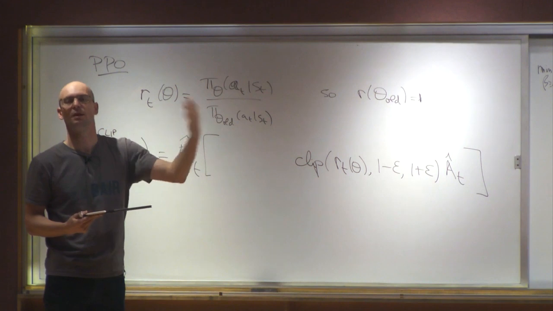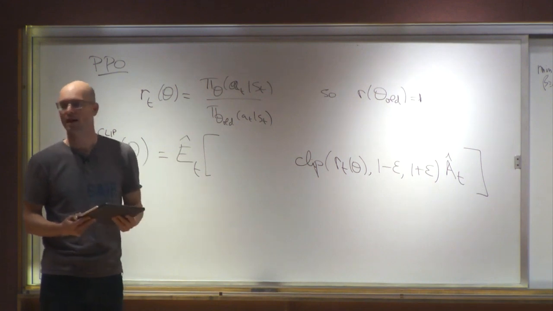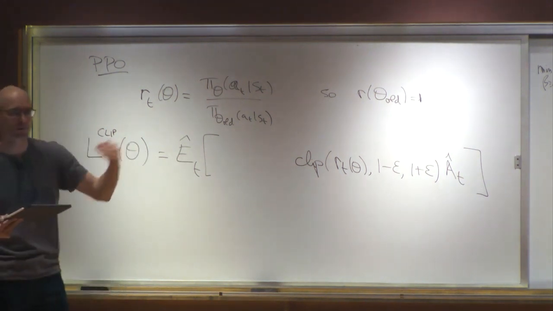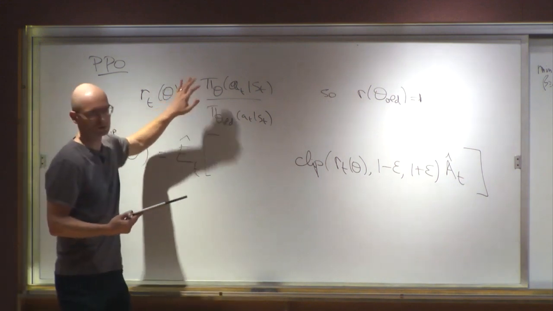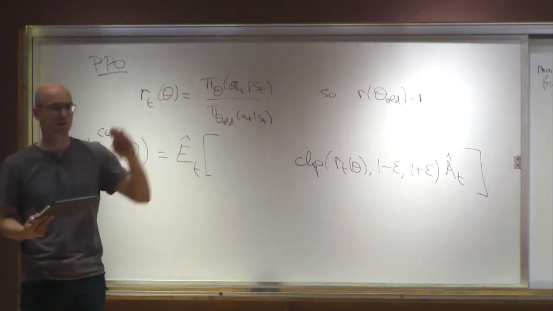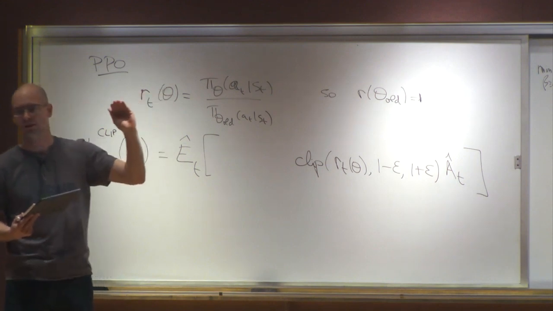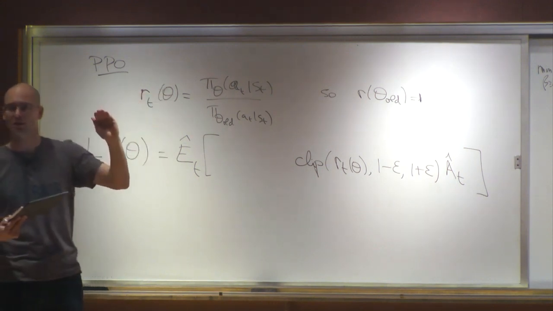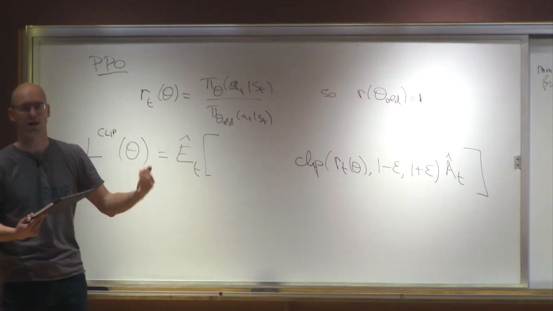It becomes, let's say, bigger than 1 plus epsilon. It means that we've been pushing up the probability of that action. Like if this grows higher and higher, it means that was probably an action with a great advantage. We keep pushing up the probability of that action, but we don't want to keep pushing it because we can't trust this too far out.